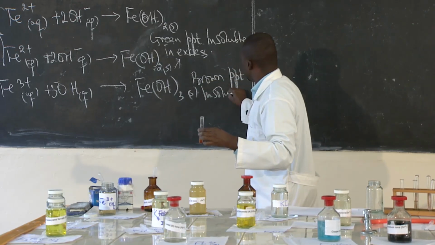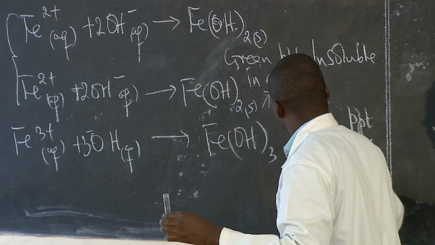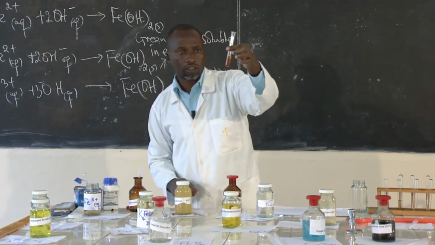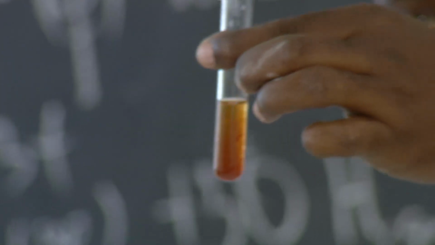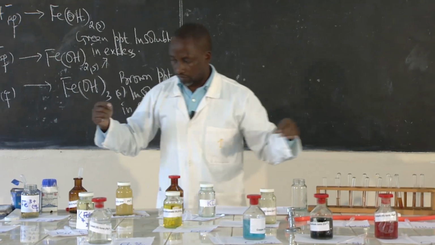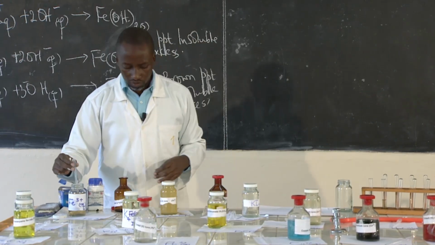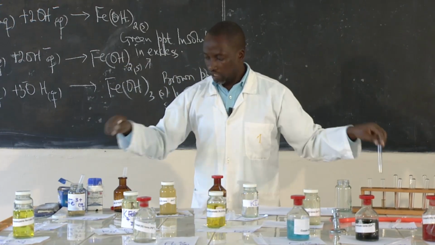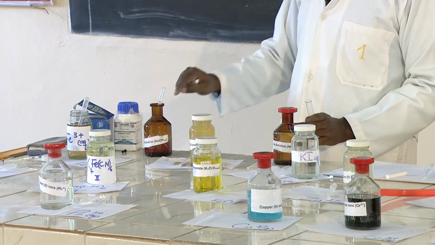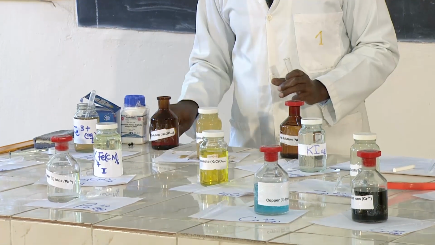It is also insoluble in excess sodium hydroxide. Look at the precipitate. It is also gelatinous, jelly-like. So with the same solution, we are just going to look at the effect with ammonia, because we have finished with the sodium hydroxide.